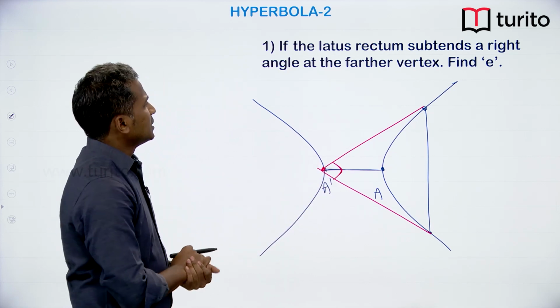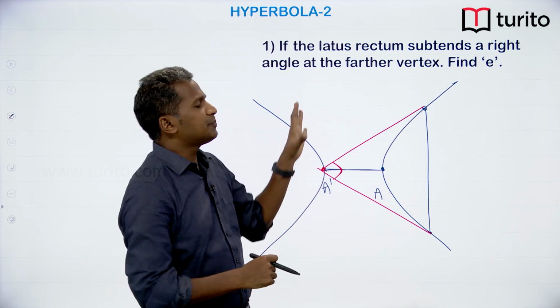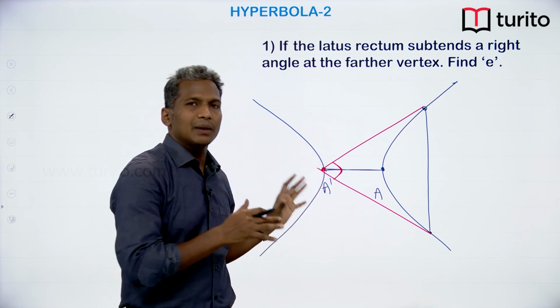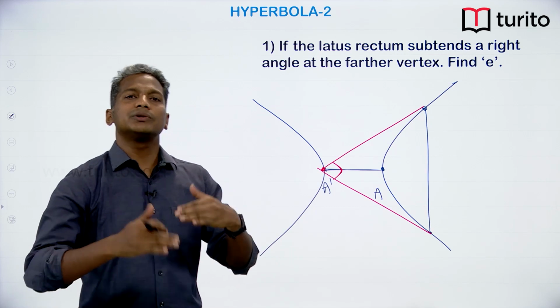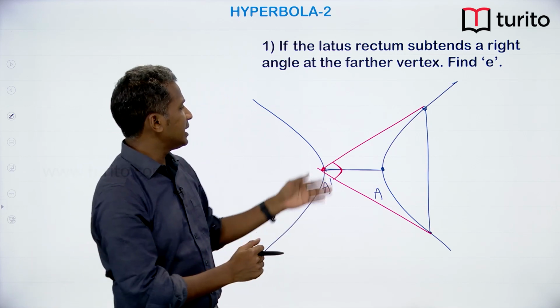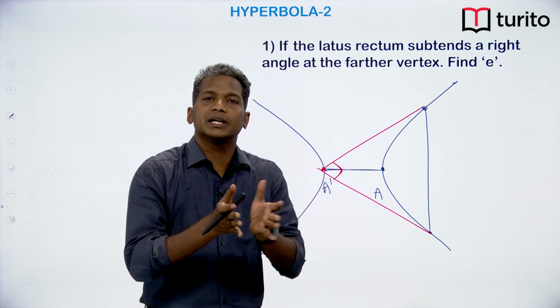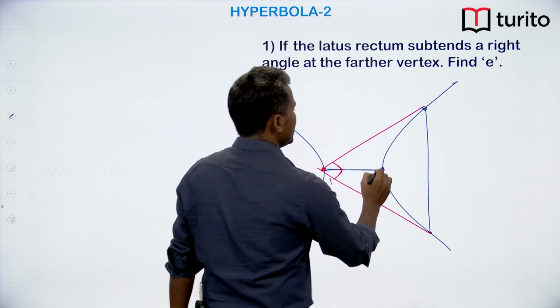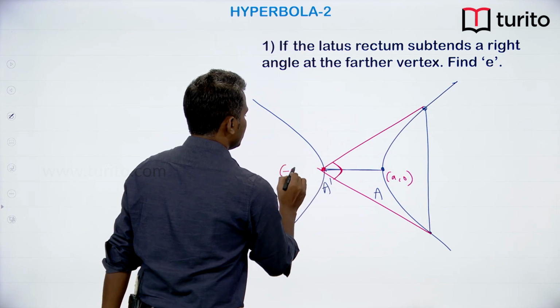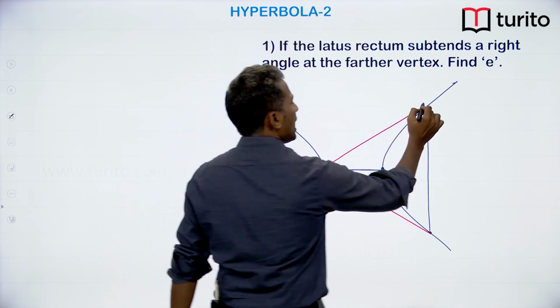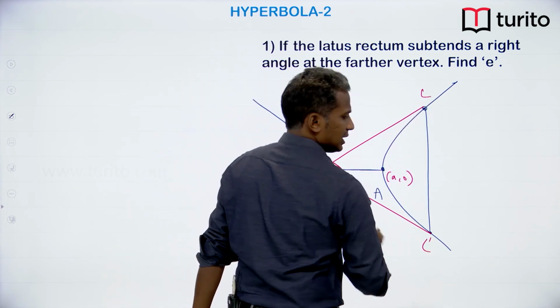Okay. So, irrespective of where the location of this hyperbola is, the value of e will not change. So, without loss of generality, we take the standard form which is centered at the origin. So, this point will become a comma 0, this point will become minus a comma 0, and let me name these as L and L dash.